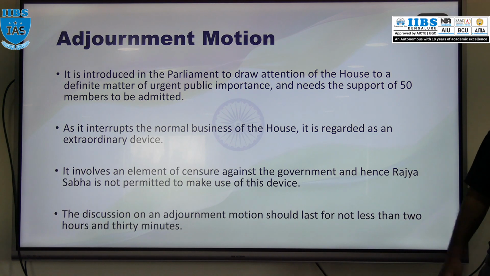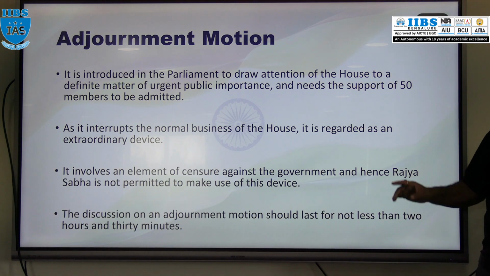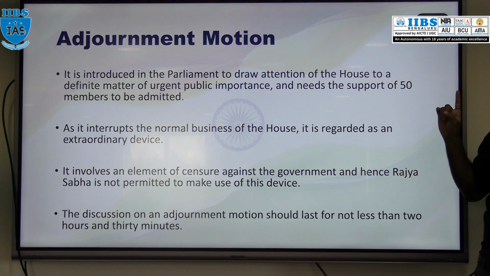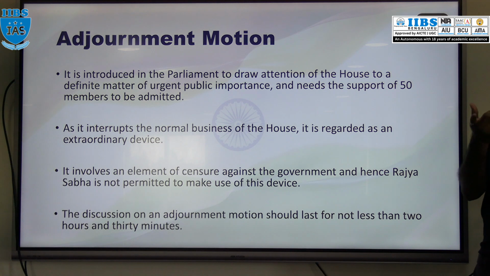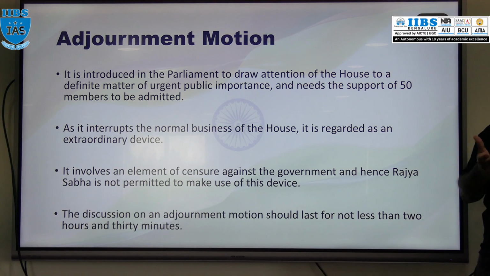That is the reason why it is regarded as an extraordinary device. Generally this adjournment motion is like an element of censure. You know censure, na? Putting restrictions. So it is just like putting a censure on the government or against the government.